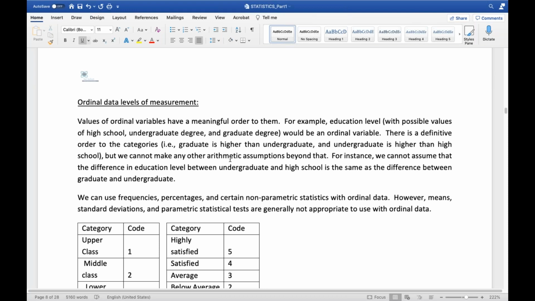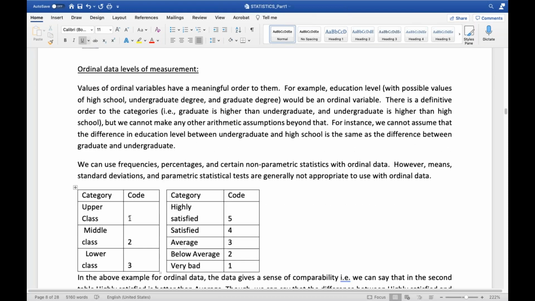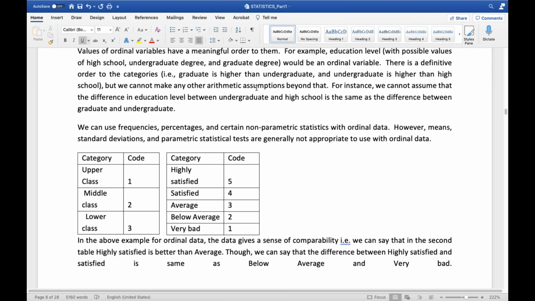Even if you represent that categorical data as numbers, don't do any kind of mathematical operation or make arithmetic assumptions behind that.